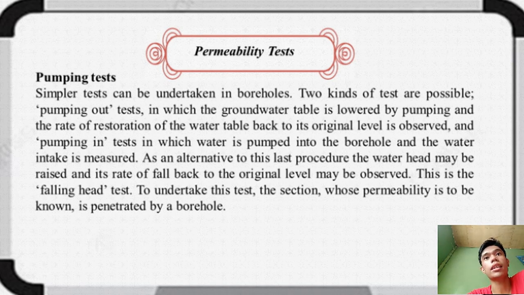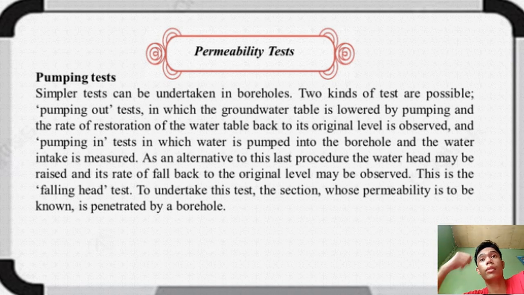Ug ang pumping in test in which the water is pumped into the borehole and the water intake is measured. As an alternative to this last procedure, the water head may be raised and its rate of fall back to its original level may be observed. Then the falling head test. To undertake this test, the section whose permeability is known is penetrated by a borehole.